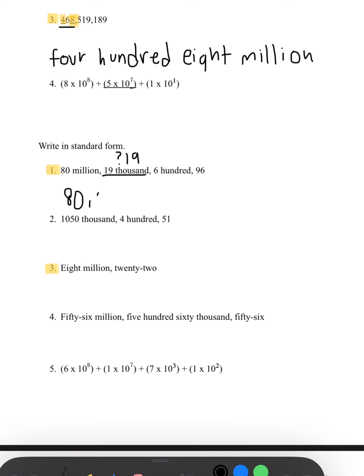So we just write 0, and that's 19,000, then 696. And that's our answer. Number 3 is 8 million, right, 8 million. And it says 22. So that means there's no thousands place or hundreds place, so all the thousands places will be 0. No hundreds place, but we have a tens place and a ones place. That's 22. And that's our answer.